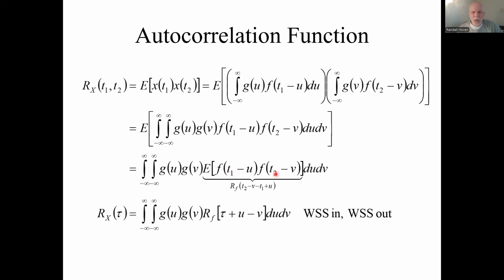So T2 minus V minus this quantity. And you'll see that you have a T2 minus T1 here. I could just call that tau, the time difference, which means the output autocorrelation function in steady state is wide-sense stationary if the input is wide-sense stationary.